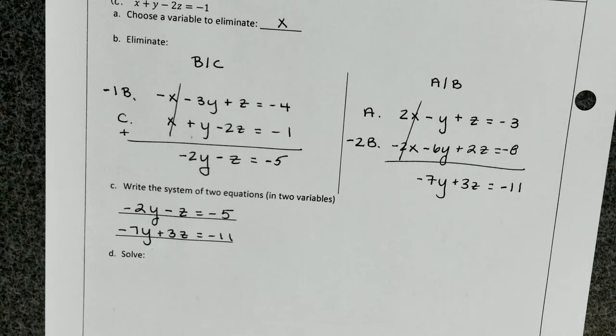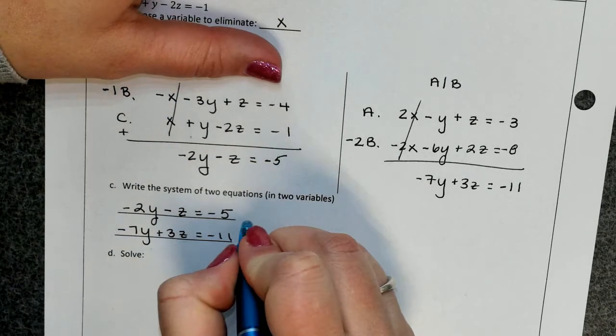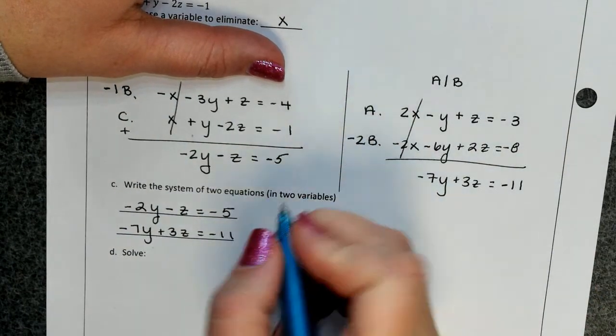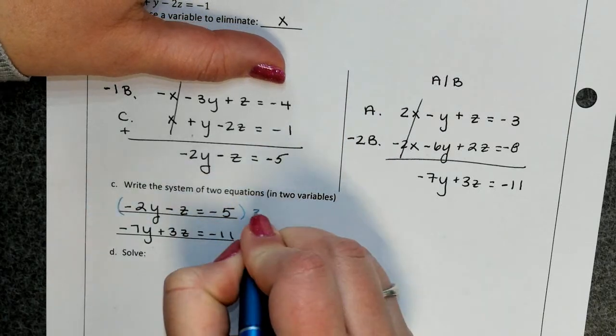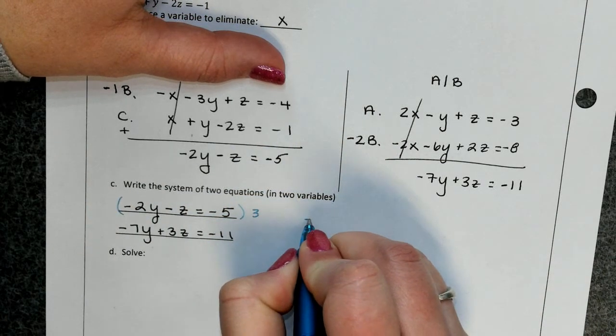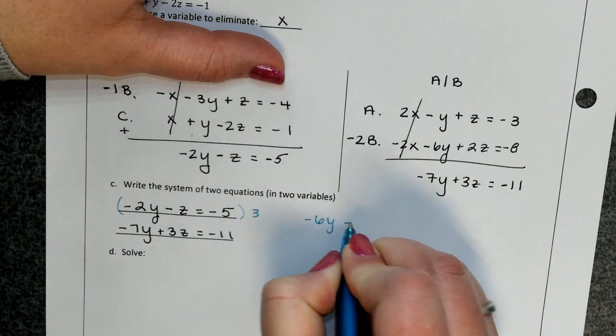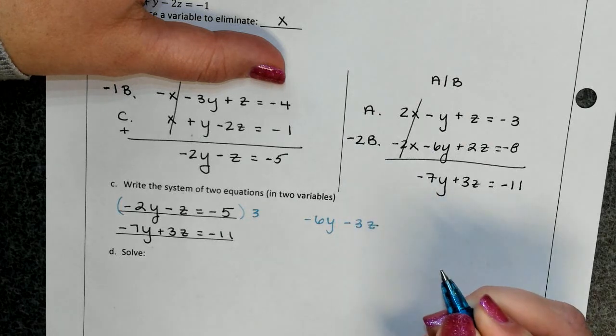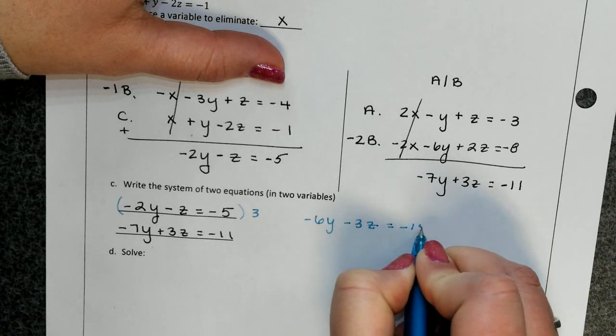So, when we do elimination here, can we just add them up and things will eliminate on its own? No. What are we going to have to do? Multiply the top one or the bottom one? The top one by 3. So if I take this one and multiply by 3, I end up with negative 6y minus 3z equals negative 15.